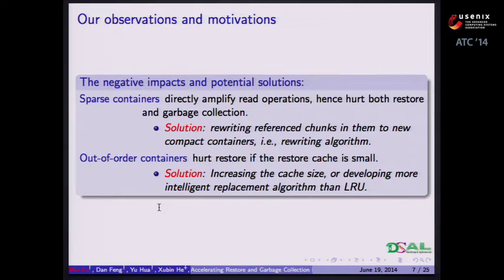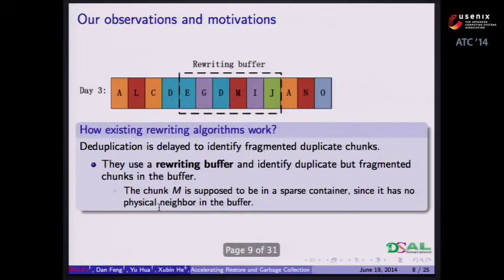Out-of-order containers hurt restore performance only if the restore cache is small. So a simple solution is to increase the restore cache. We can also develop a more intelligent replacement algorithm than LRU. I will use an example to show why existing rewriting algorithms cannot solve the problem caused by sparse containers.